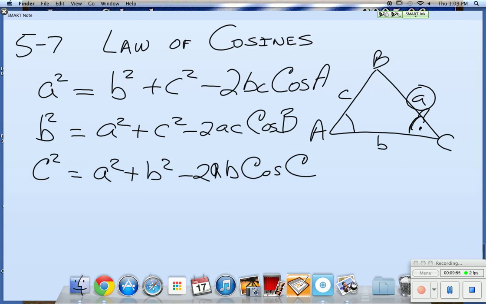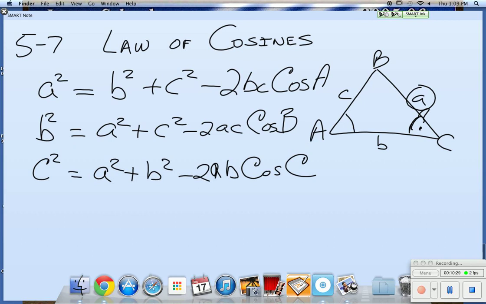What you're going to get on there is they're going to give you three parts of the triangle, and all three are going to be off different letters. They're going to give you, let's say, a B, a C, and an angle A, and you have to find out what the side A is. There's times when you might use the law of sines and the law of cosines to figure it out, depending on what you're looking at.